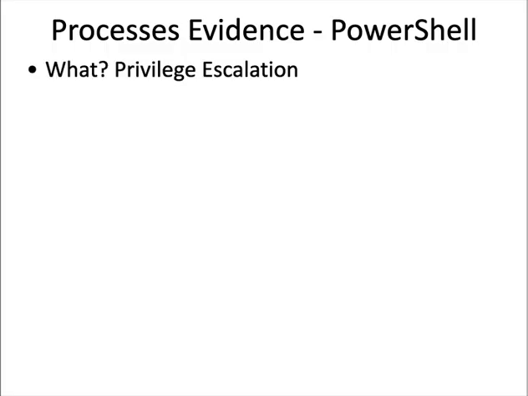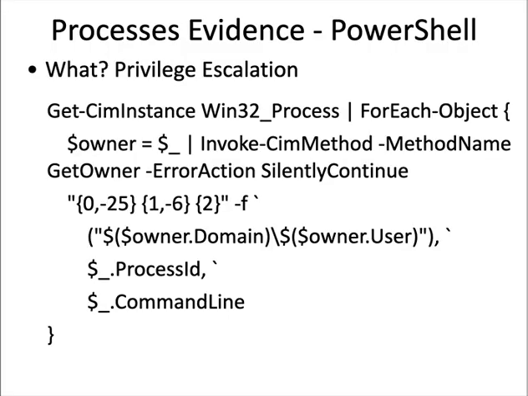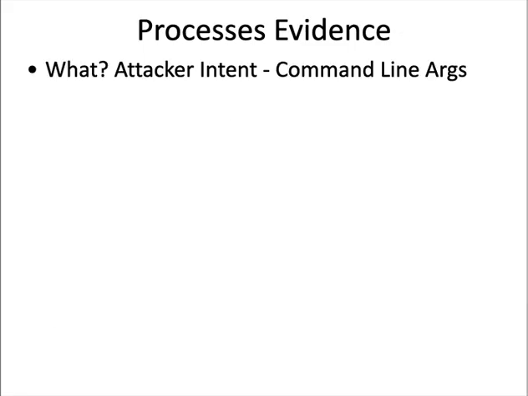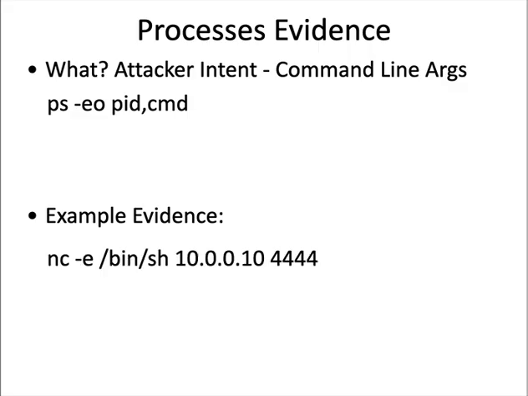In the case of PowerShell and privilege escalation or execution, this is the PowerShell command that we would need to issue to get the equivalent information. Looking at command line arguments could be helpful. With the ps command, if we put cmd, or in some cases you have to put comm, it will give you output that looks like this that has the arguments.